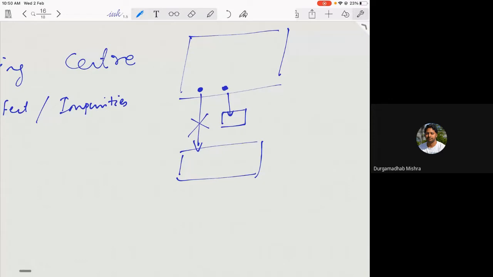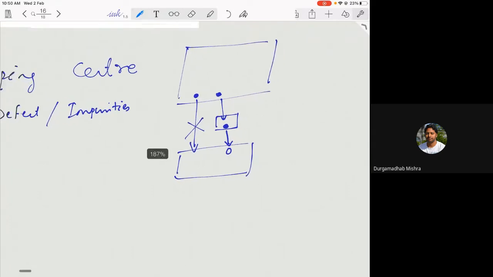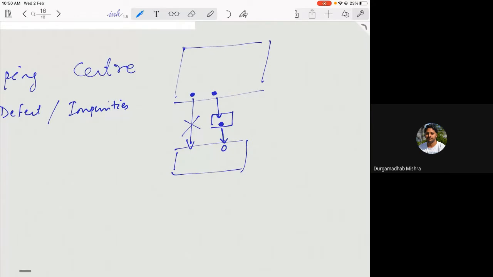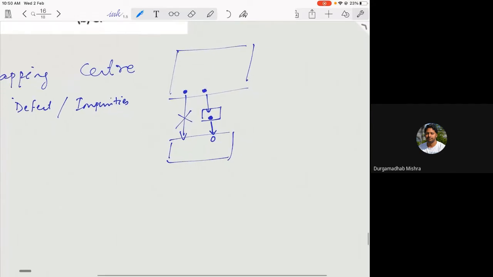Okay, and then after some time, it will again go to the valence band, to a hole position which is available. That means an empty electron state is available, and then the recombination will take place. So this is how they can conserve the momentum. How do we write that down?